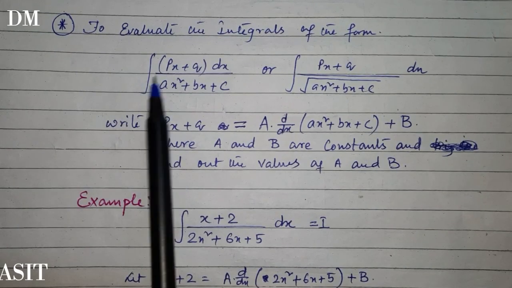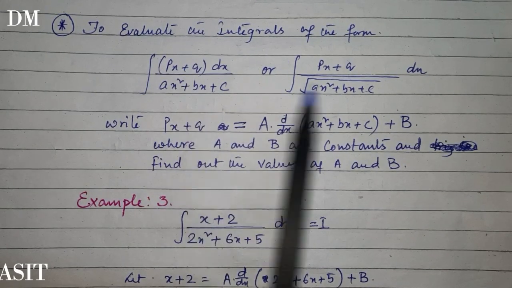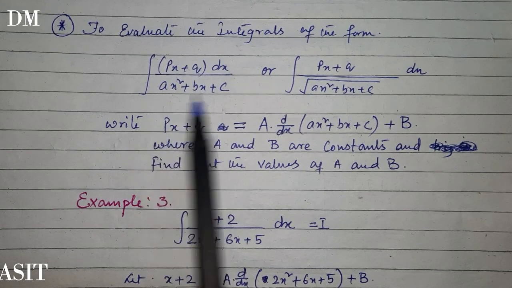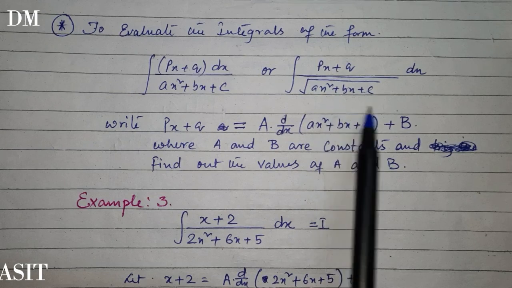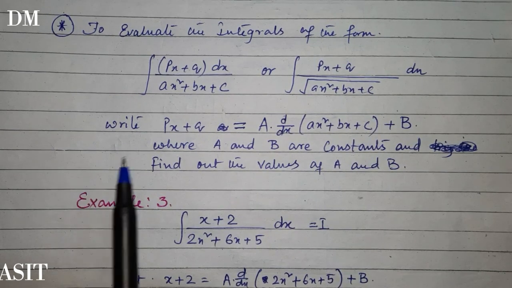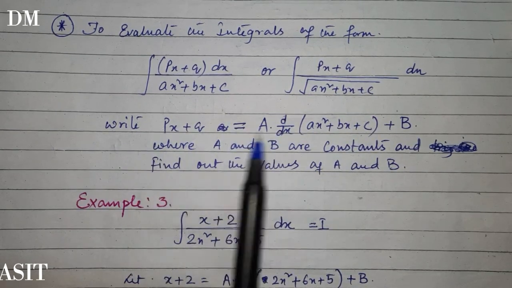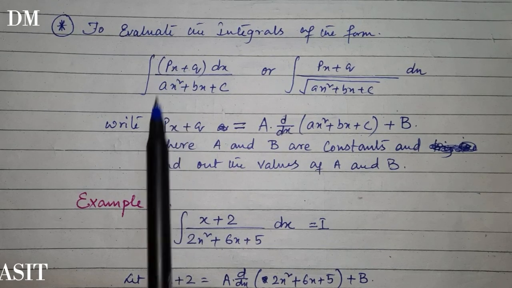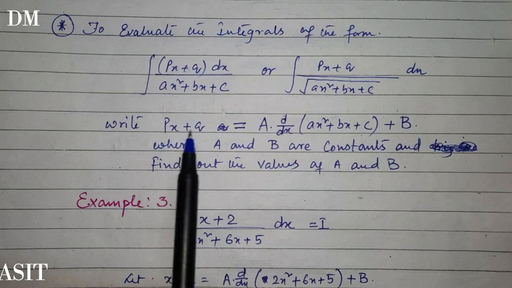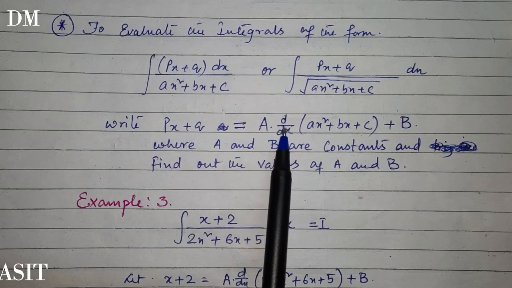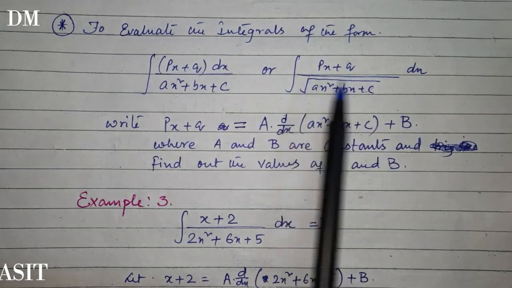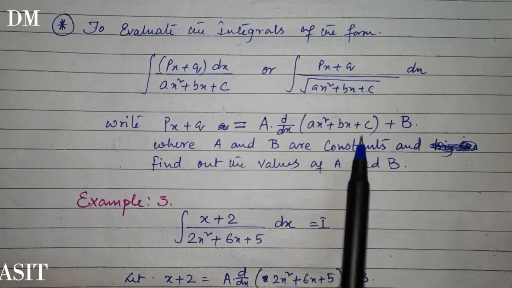Now let us see how to evaluate the integrals of these 2 formats. And the format is linear by quadratic or linear by square root of quadratic. Now let's see how to solve this kind of integration. So first of all, we need to write the linear term should be equal to a into differentiation of the quadratic term. So don't take the square root, take only the quadratic term.